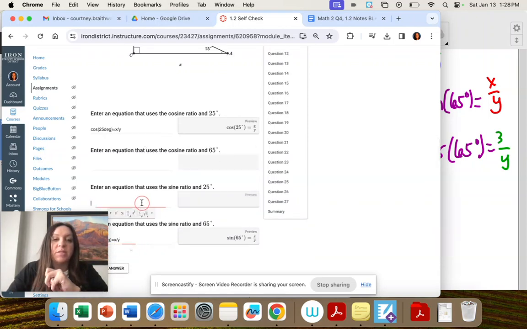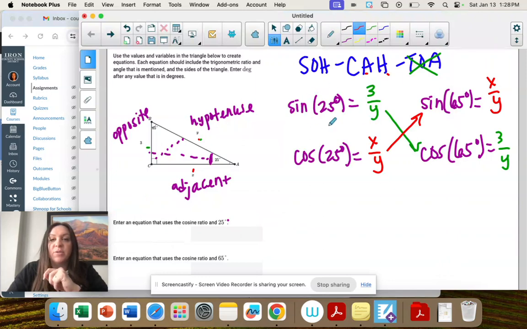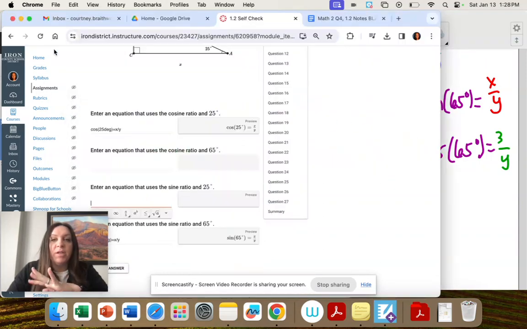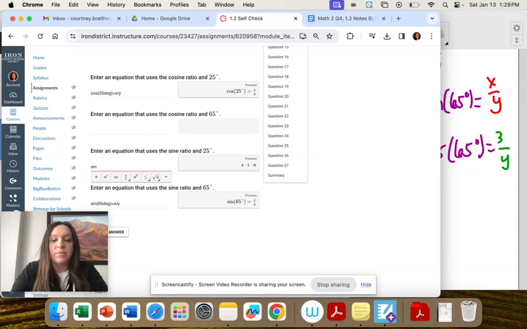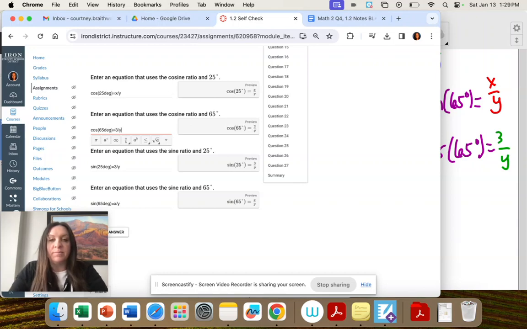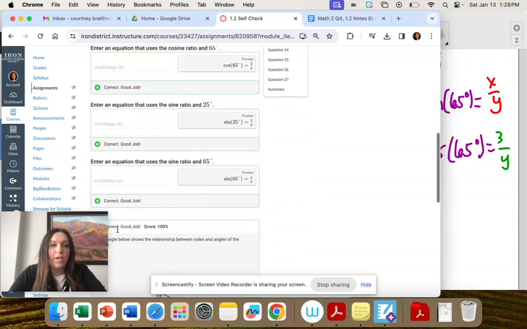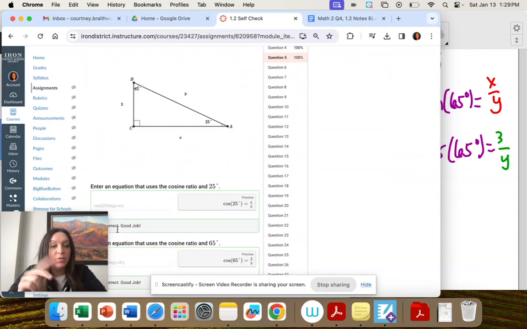Okay, so sine of 25, that's the first one we did, was 3 over y. So sine of 25 equals 3 over y, and that's the same as cosine of 65. So 4 equations, but really only 2 answers, and then you need to know where they switch to.